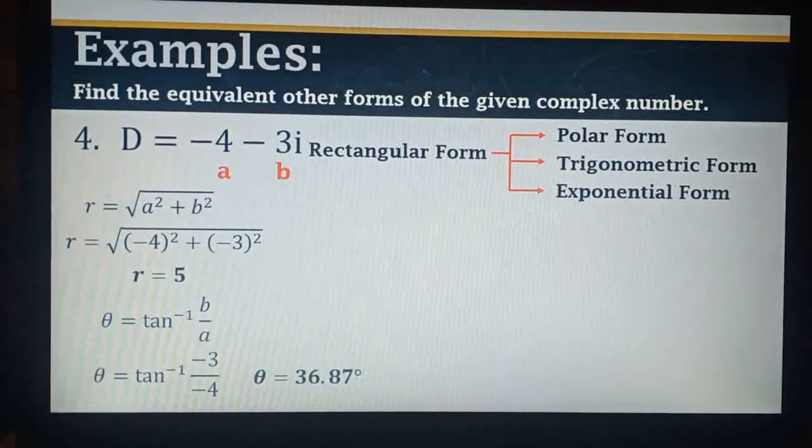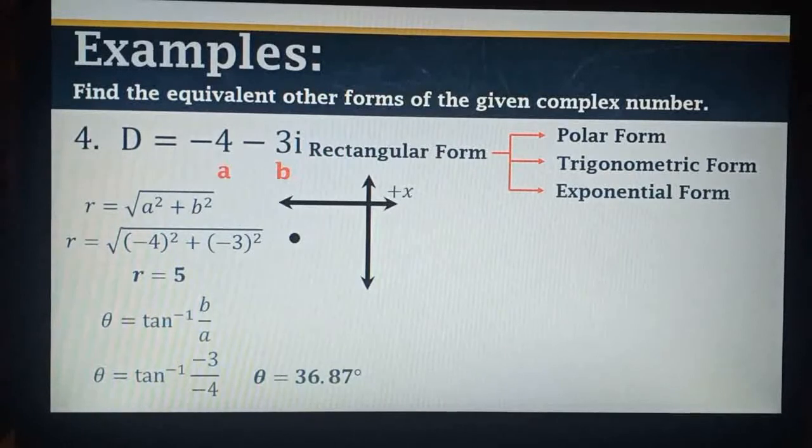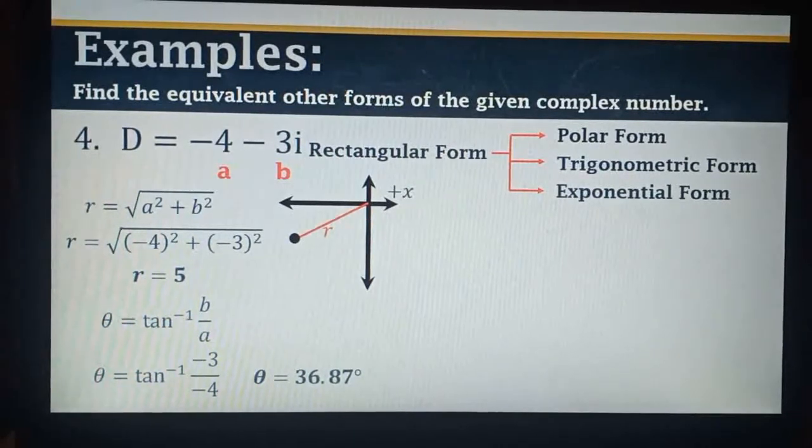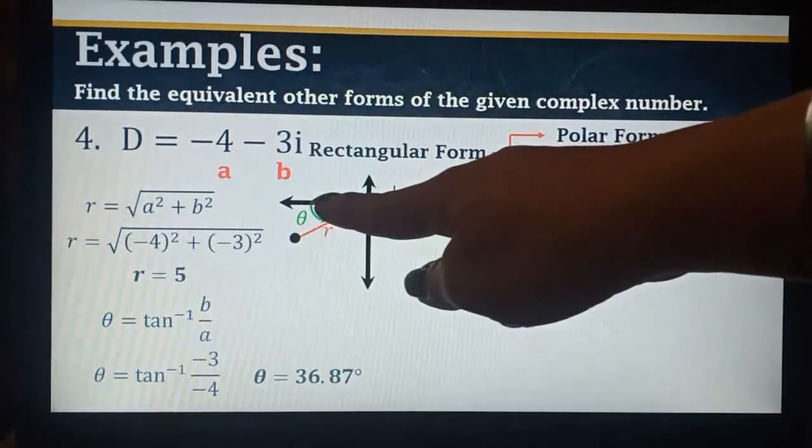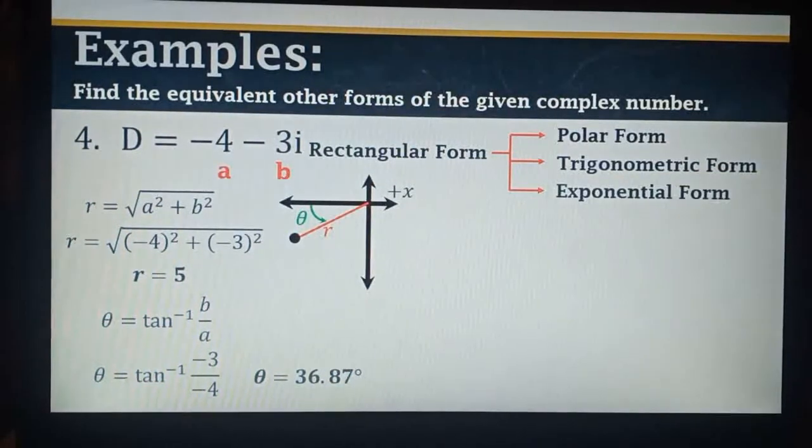You will notice that the computed theta is 36.87, but the location of your complex d is at the third quadrant. Then if you locate the r and you locate the theta, that is from negative x-axis. So your 36.87 is from the negative x-axis. So to compute for the real theta in polar form, you have to get the theta from the positive x, and the rotation is clockwise.